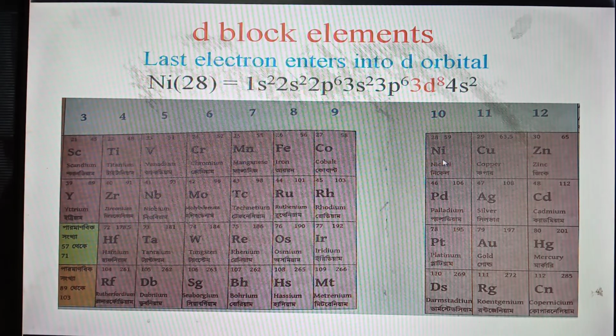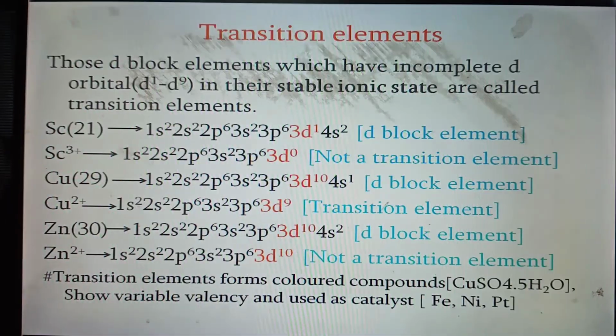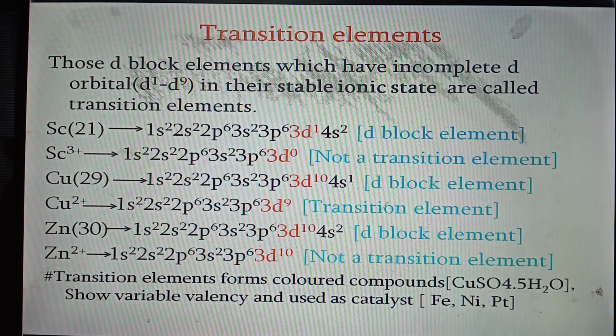Now, a special topic on d block elements we have to discuss. It is related to this block. The special topic is transition elements. Which are transition elements? Transition elements are those d block elements which have an incomplete d orbital. Incomplete d orbital means the d orbital will contain 1 to 9 electrons.